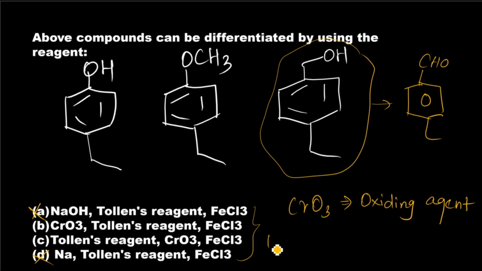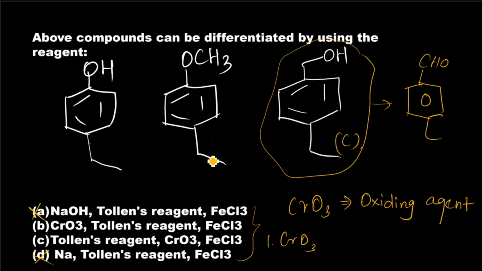Let's say first I am adding chromic oxide, so that the last one will get oxidized to CHO, one is out. Remaining two I have. Next I am adding Tollens reagent. Tollens reagent will give positive for compound C, again that is out.